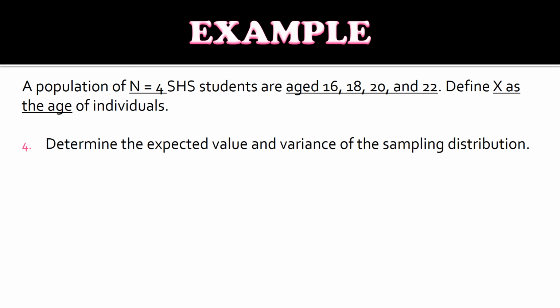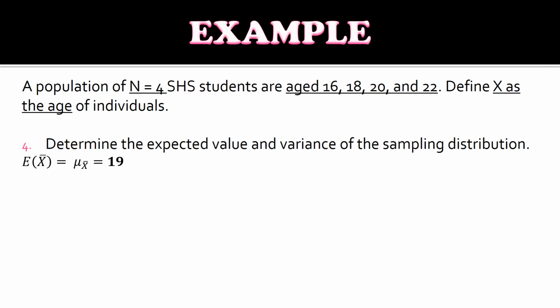So next, for number 4, we are asked to determine the expected value and the variance of the sampling distribution. For the expected value or the sample mean, we have computed it earlier. Same thing as the population mean, which is 19.